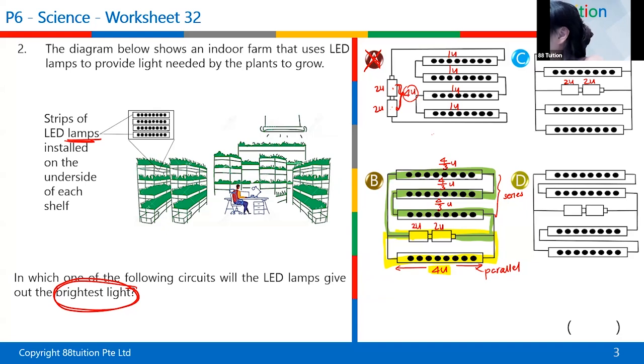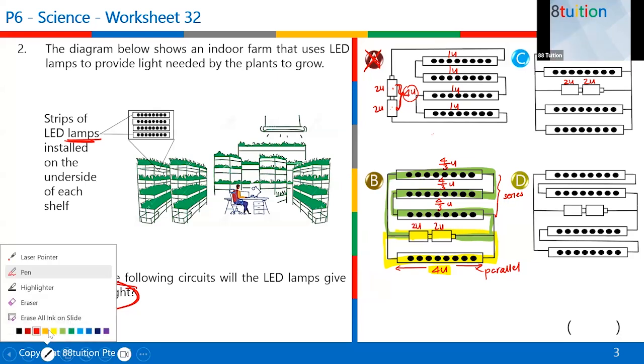So can you tell me each lamp receives how many units of light? Each lamp receives how many units of light? You should know this by now. This is a P5 topic.